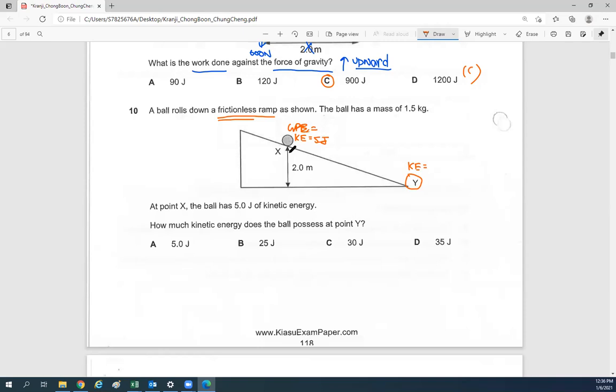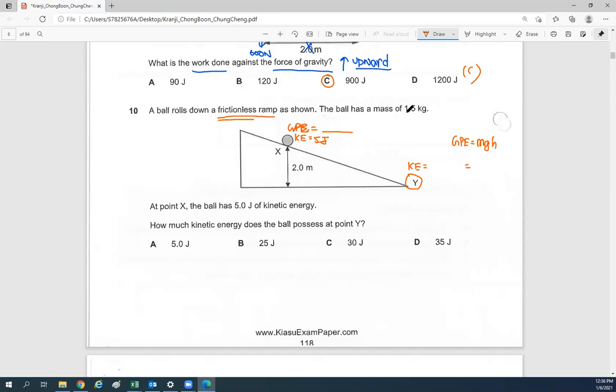So as it's rolling down, it's got Ke, but because it's also got a height, it has also GPE. So now I have to calculate what this GPE is. The formula for GPE is mgh.